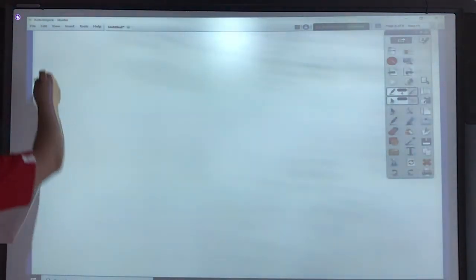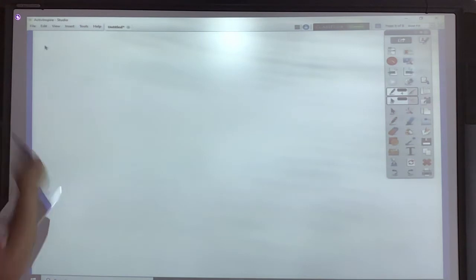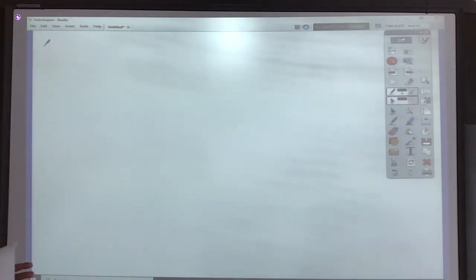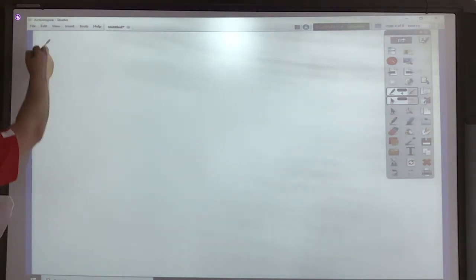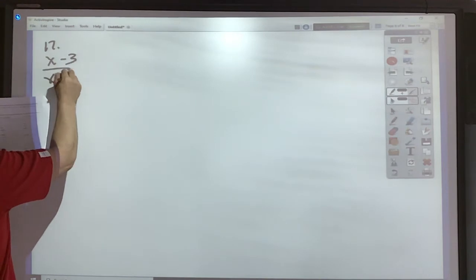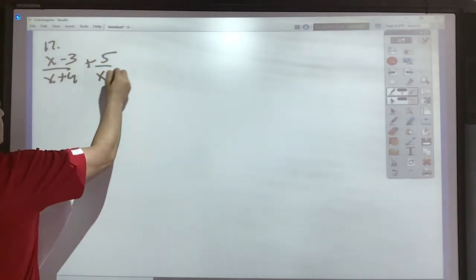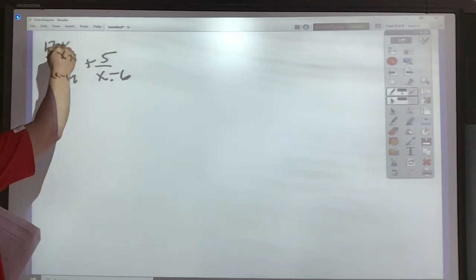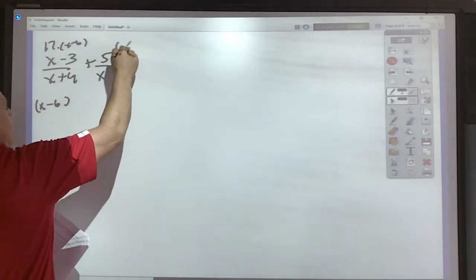Simplify. All right, I got x minus 3 over x plus 4 plus 5 over x minus 6. So I'm going to multiply this side by x minus 6. I'm going to multiply this side by x plus 4.